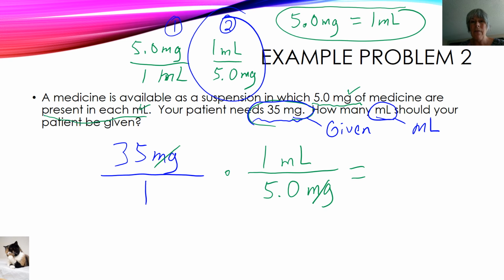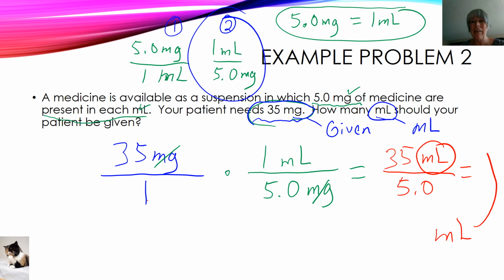I'll take 35 times 1, which is 35, divided by 1 times 5, which is 5. 35 divided by 5 is 7. And notice my units here. I have milliliters, which is exactly what I was supposed to find. So my answer, and if I want to use correct significant figures here, is 7.0 milliliters.